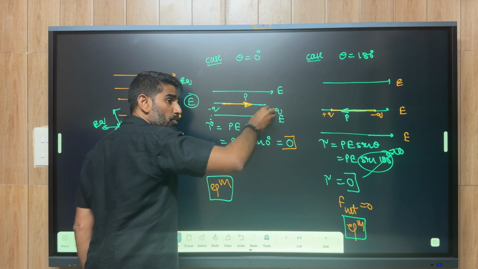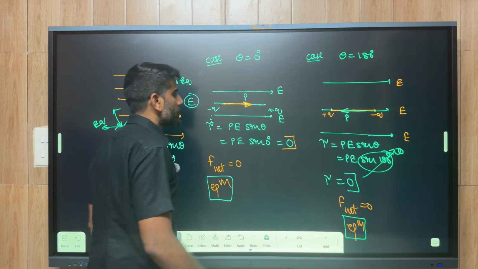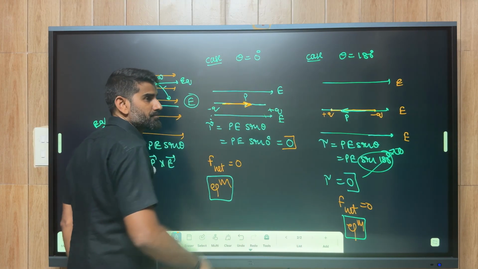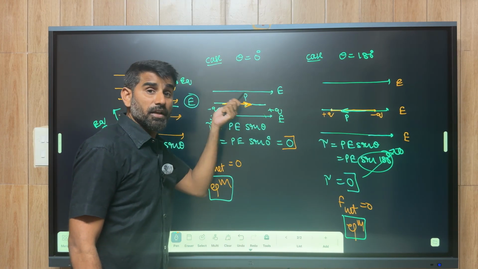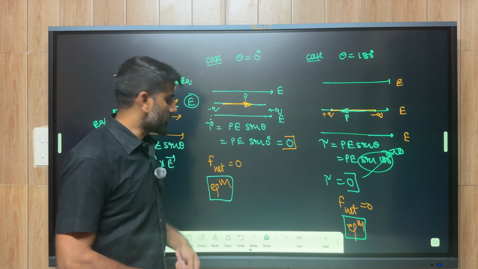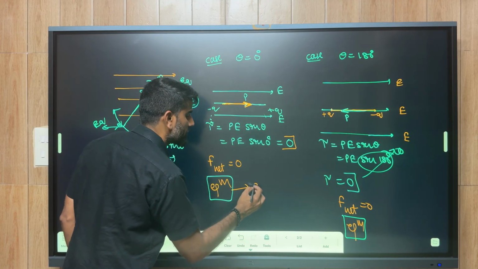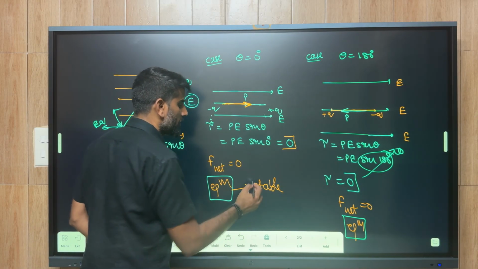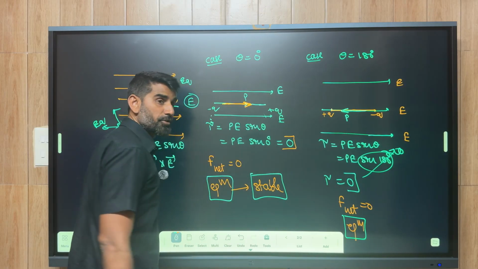The torque is rotating this dipole, right? That means this dipole will come and align in the same direction like this. It is trying to come to its equilibrium position again when I displace it slightly. That means this equilibrium is a stable equilibrium. Hope my explanation is clear to you.